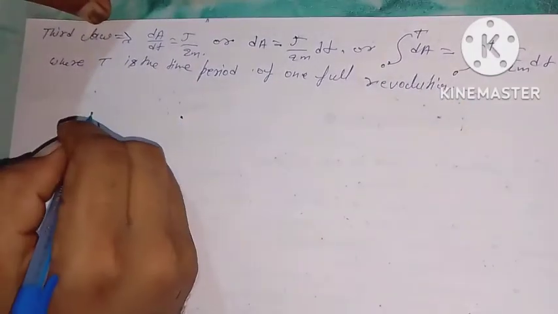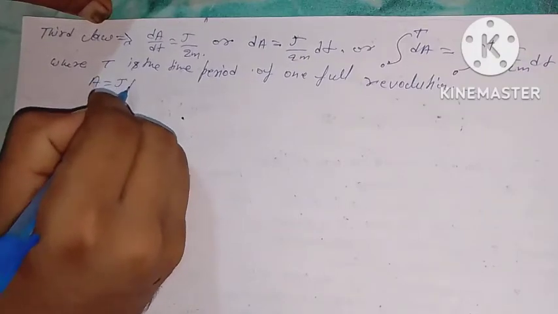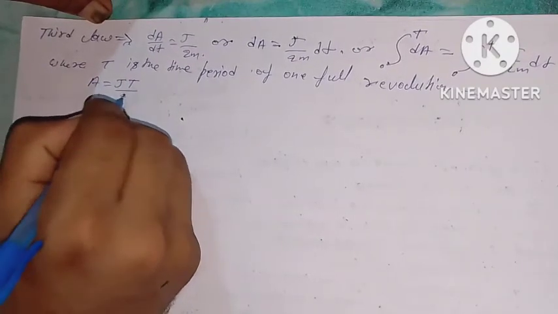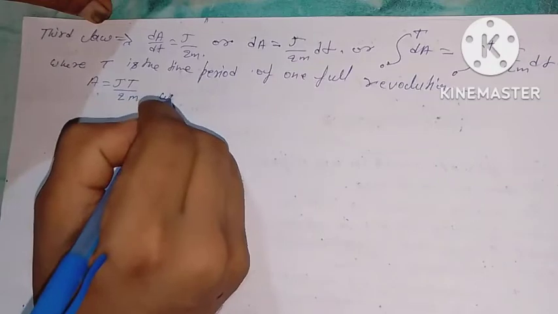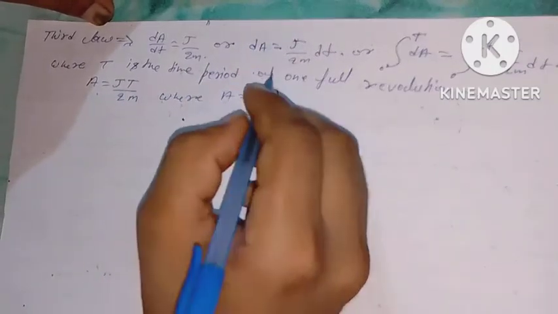Integrating, we get A equal to JT upon 2m, where A is the area of the ellipse.